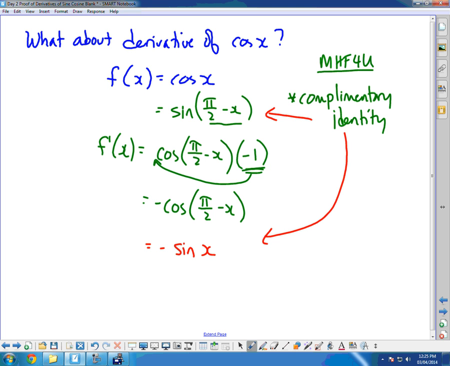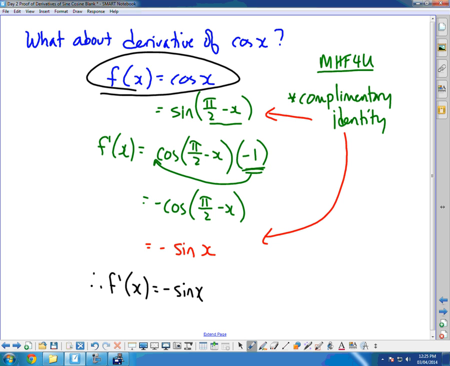And therefore, f prime at x is negative sine x when the original is cos. And again, we discovered that yesterday from the pictures. Now we're able to say that it's also true from the algebra.